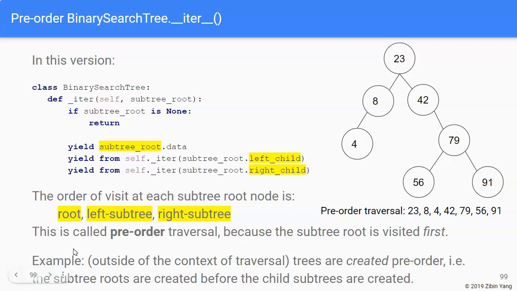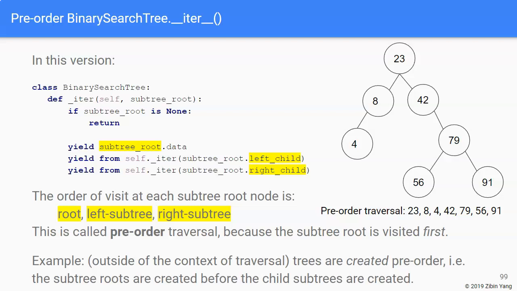Now, an example of pre-order, although not necessarily in the context of traversal, is that when we create trees, we obviously create the root first before we can create any of the left or right subtrees, right? So trees are created pre-order.